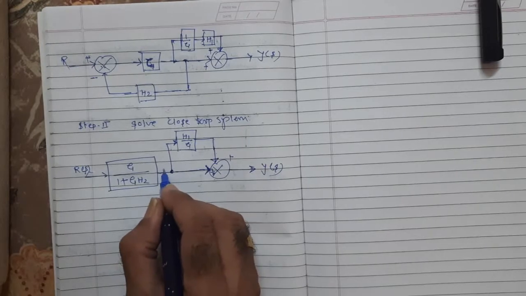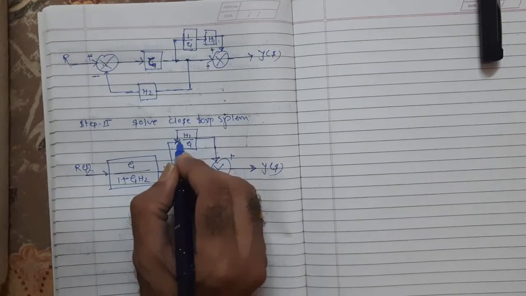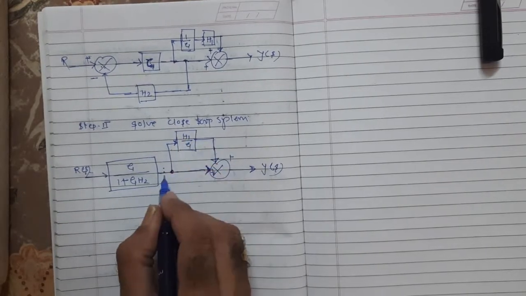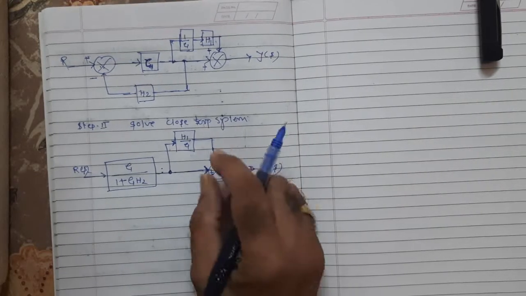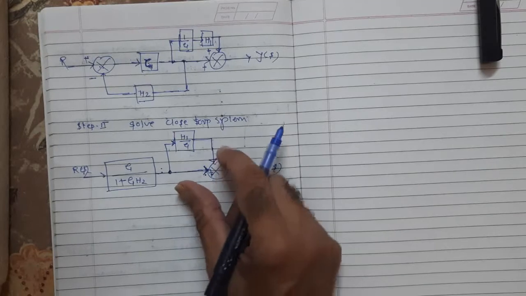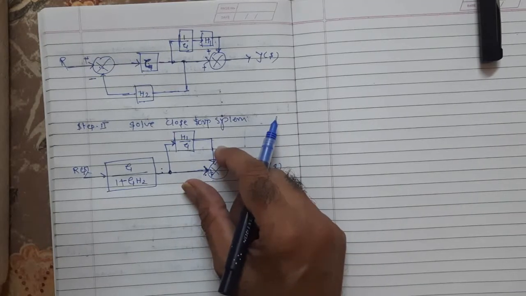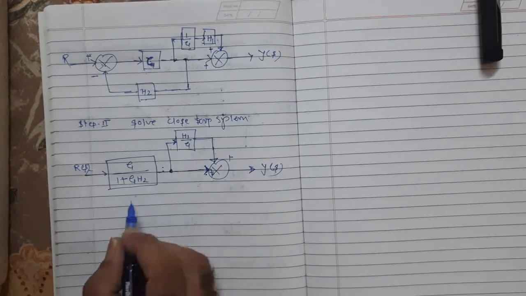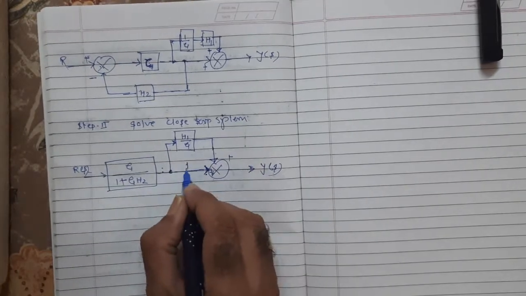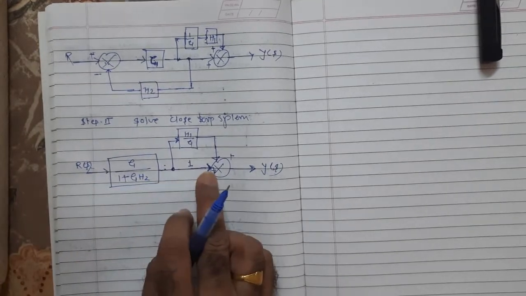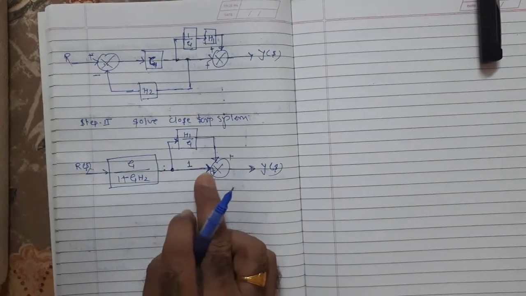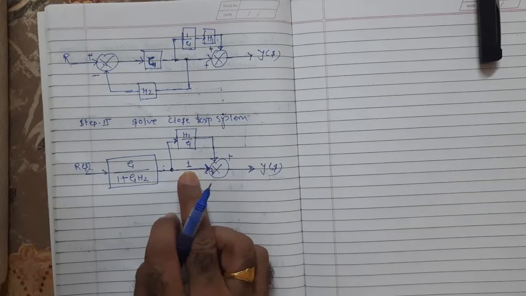So the input to the H1 divided by G becomes x, and the input here is again x. This is positive and this is positive, so both the outputs get added over here. So this we can write down. We will assume that the gain of this line is 1, since there is only one line.